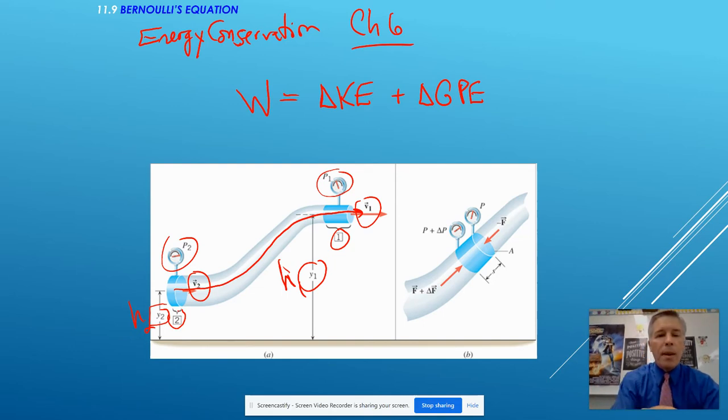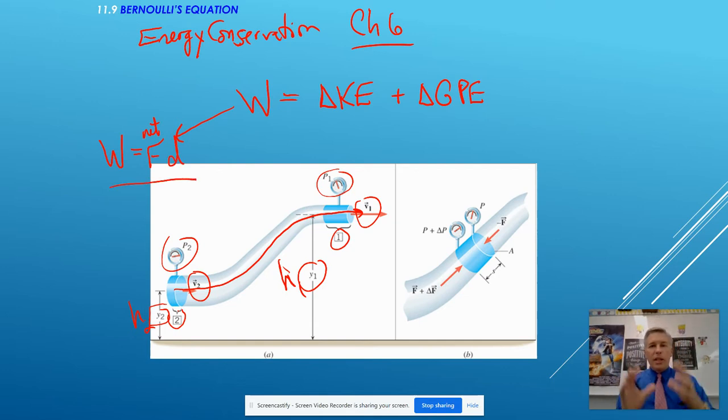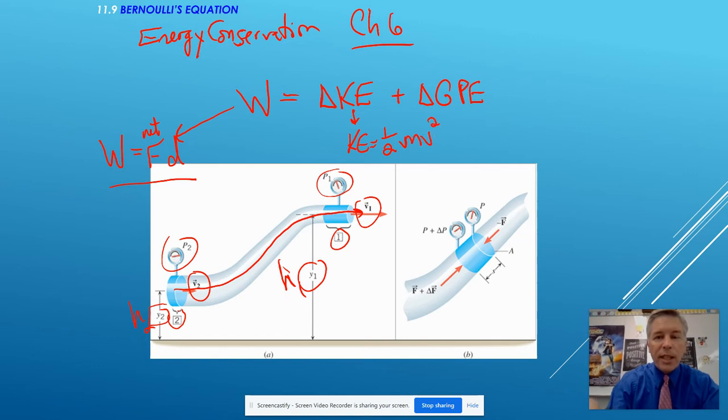You may not remember what work was, but work was the product of the net force acting on an object and the displacement of the object. This is the way I wrote it. I talked about lifting objects, moving objects, and that type of idea. Kinetic energy itself is 1/2 mv squared, where v is the speed.